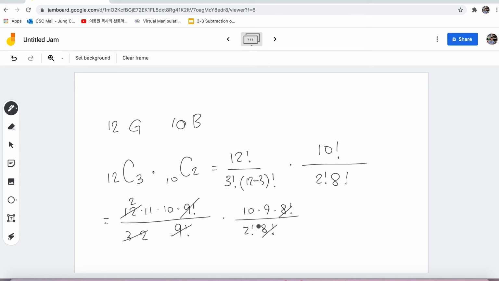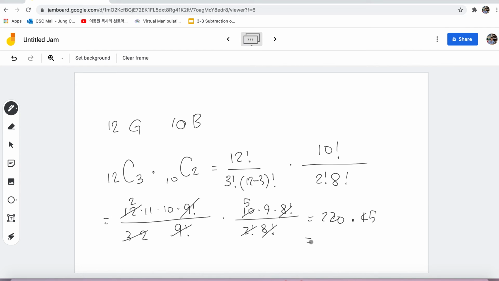2 factorial, 2 times 1, is 2, that's the same as 5, and there's no denominator. If you have any denominator left, that's wrong, because this is how many ways you're going to have, so it has to be a whole number. Okay, what's 2 times 11 times 10 times 5 times 9? 12 times 11 times 10 is 220, and 5 times 9 is 45.